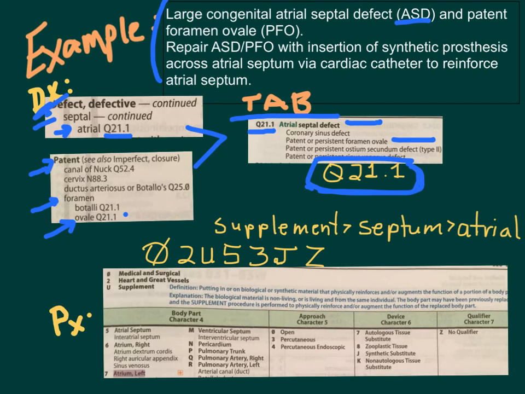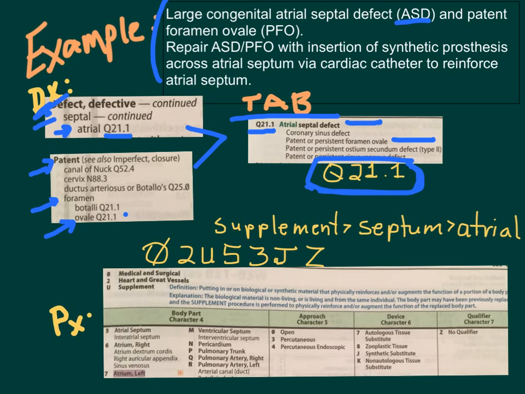As for the procedure, let's remember back when we were coding for hernia repairs a few weeks ago. We usually could code to the root operation of repair unless there was a supplemental material like mesh. Remember that? Unless mesh or some other supplemental material was used in the actual procedure, then that was our clue to use the root operation of supplement instead of repair.